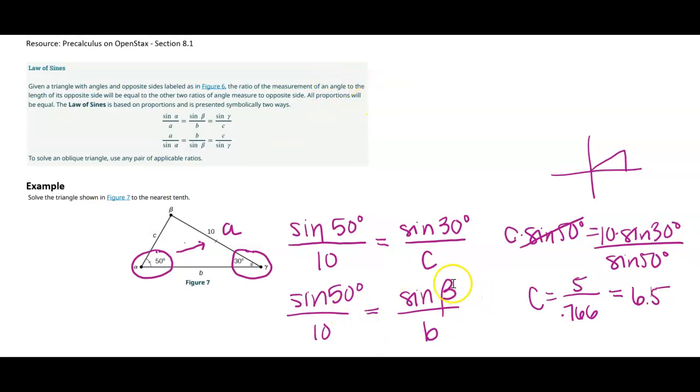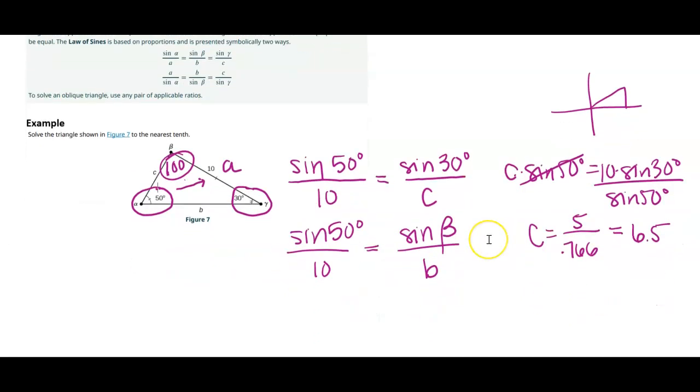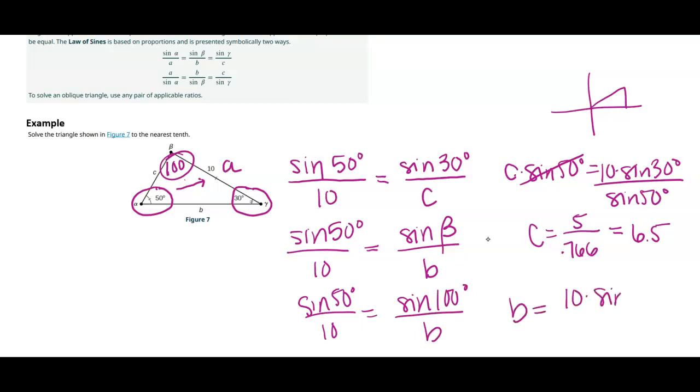Now, one thing I could do here is, I know that this is 50 and this is 30, and all your angles have to add up to 180, so that's 80. So I do know that beta is 100. With just a little bit of triangle work, I can now say that sine of 50 over 10 is sine of 100 over B. Again, I'm going to cross multiply and divide.